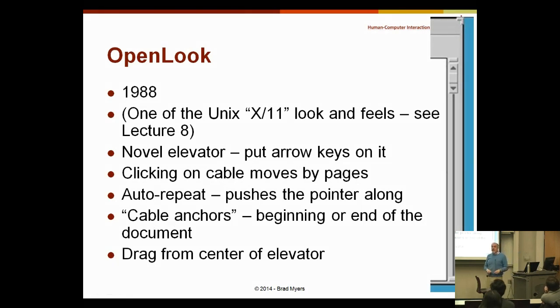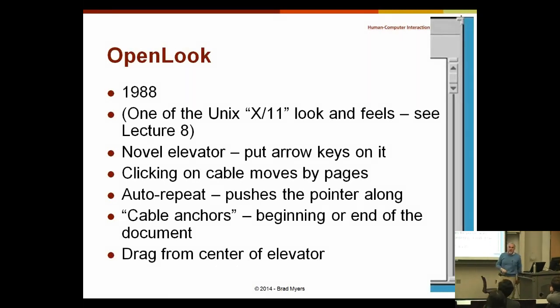If you know anything about an elevator, there's actually a cable at the top for most elevators. There is no cable underneath the elevator, so that's kind of non-physical, but you can imagine it on a big screw or something like that. The elevator moves up and down along this cable, and what they called cable anchors at the top and bottom actually jumped to the ends of the document.